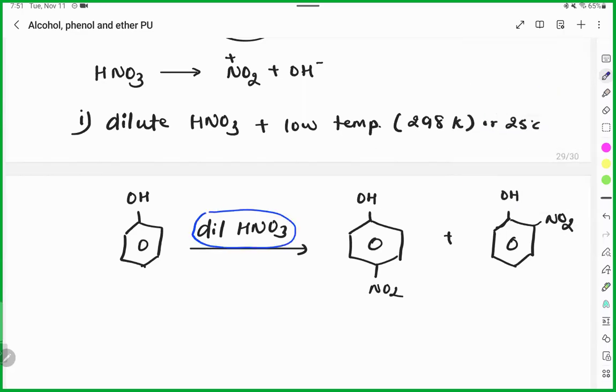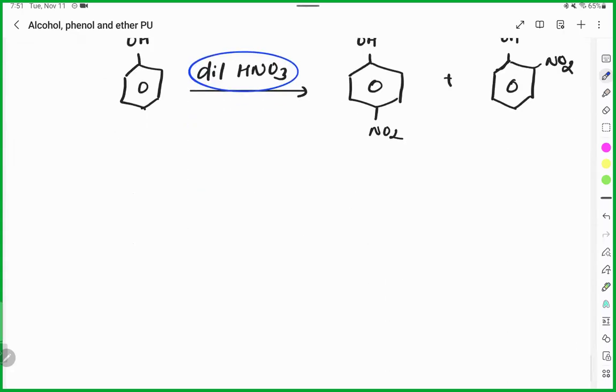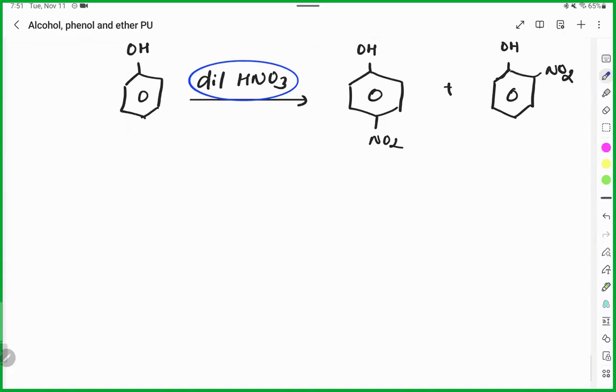Why? Because if you take the concentrated form, with too many HNO3 molecules, multiple NO2 will be added on the ring. This is the para product, para nitrophenol, and this is ortho nitrophenol.